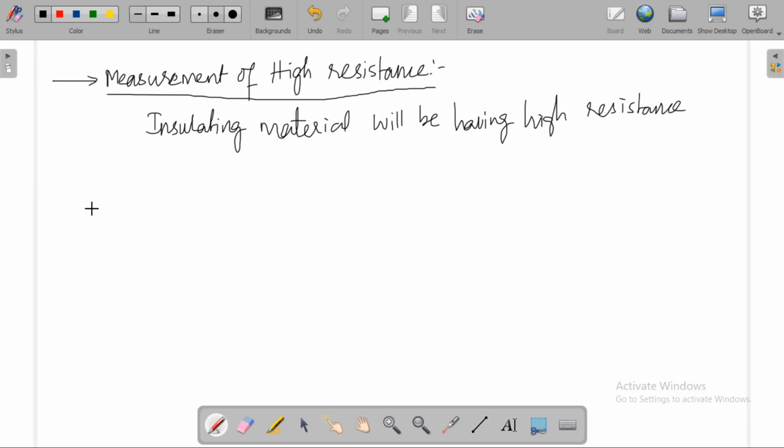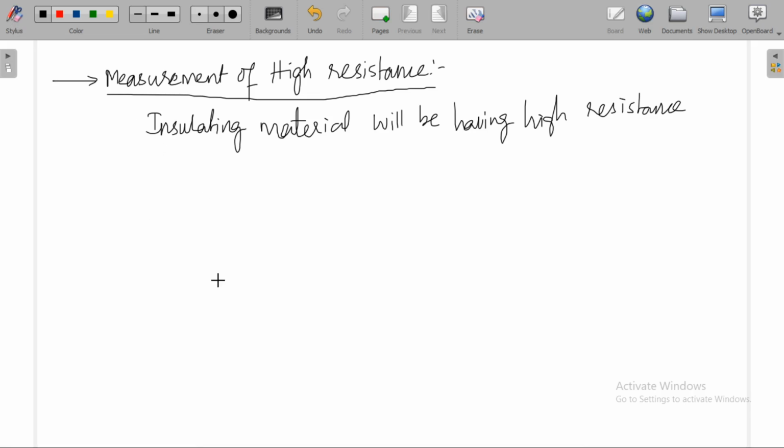So now let us measure the resistance of insulating material. That is, indirectly you are going to measure high resistance. Let me take insulating material. This is the insulating material.